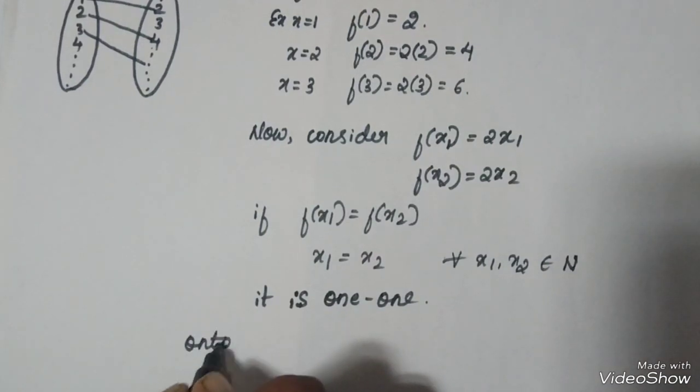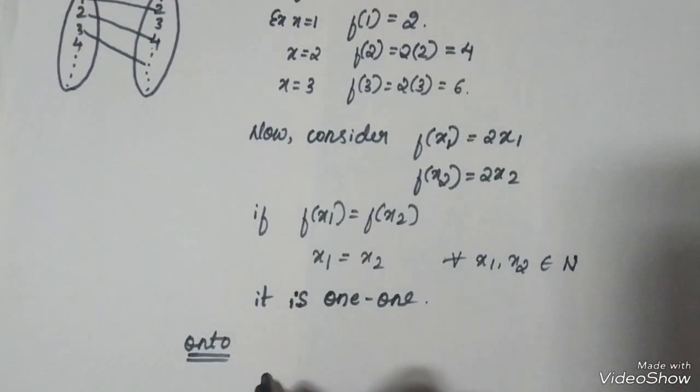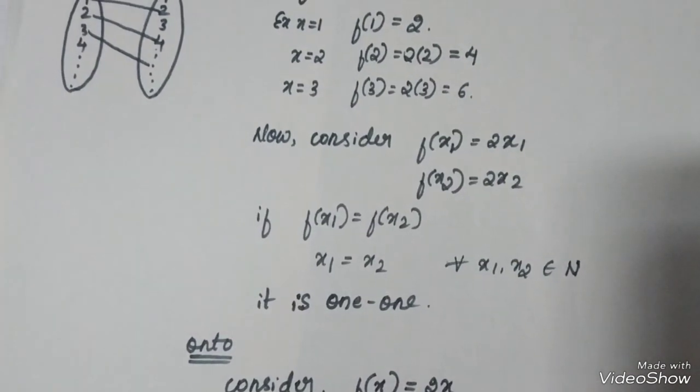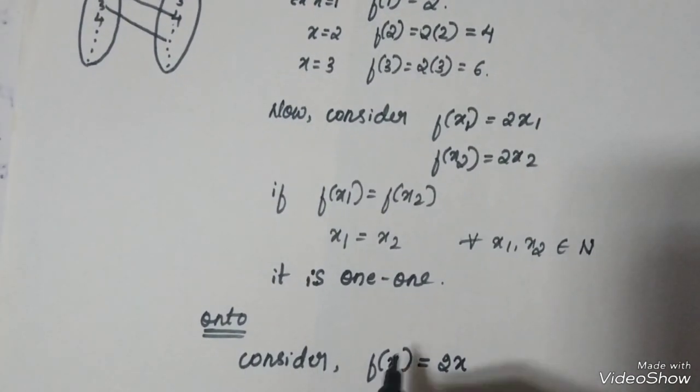Then for the onto function, again consider f of x equals 2x. Now f of x is replaced by y, because f of x is the image, that's why the image is represented by y equals 2x.